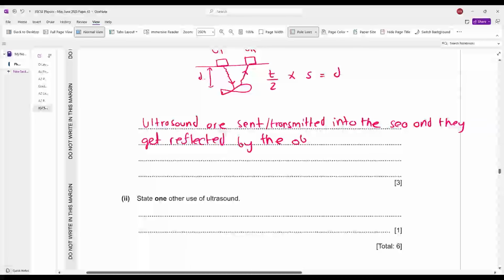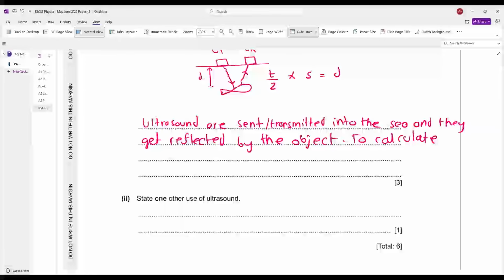To calculate what? To calculate the distance below the sea, the distance or the depth.